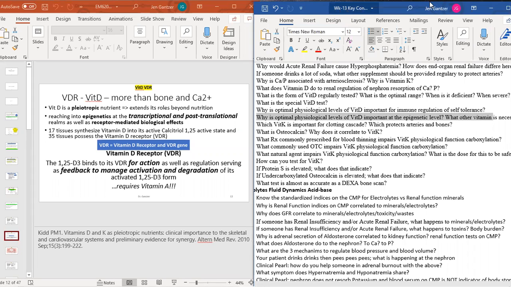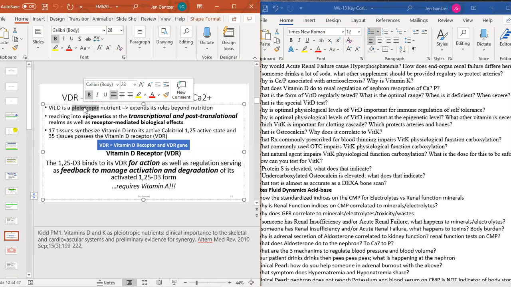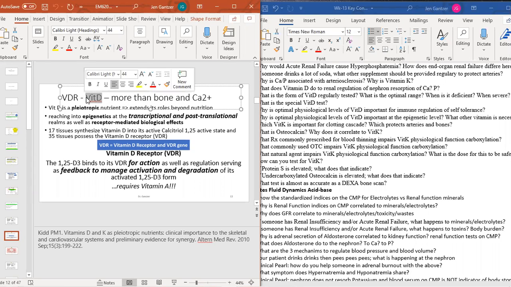This is called pleiotropic. Vitamin D and vitamin A together have a pleiotropic effect, meaning they have physiological functions beyond just their role as a vitamin. And in vitamin D's case, that's beyond calcium homeostasis and bone status.